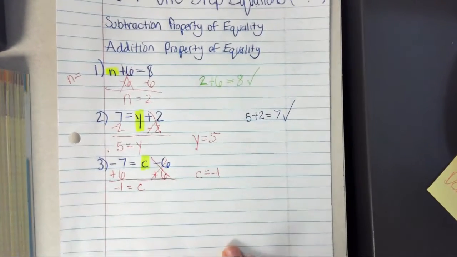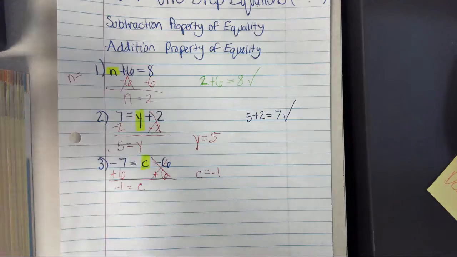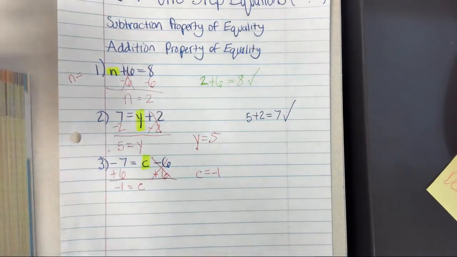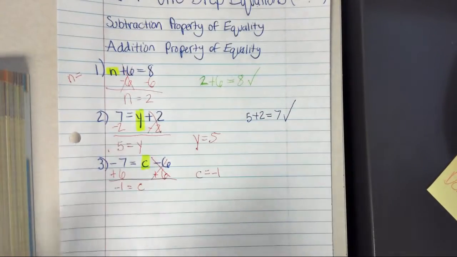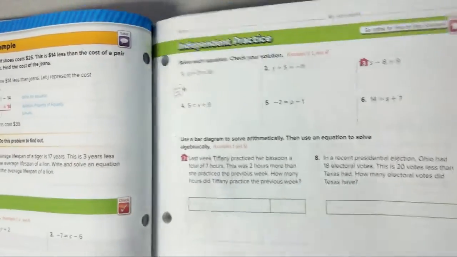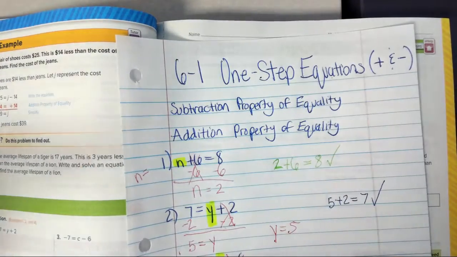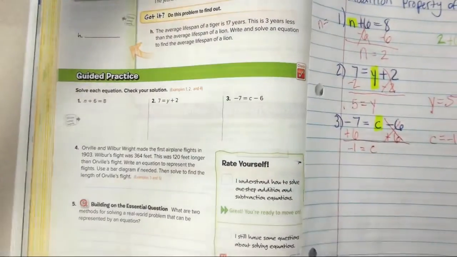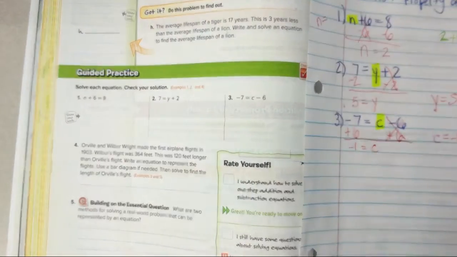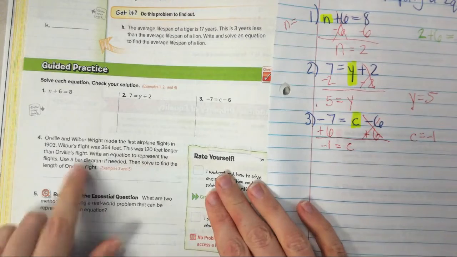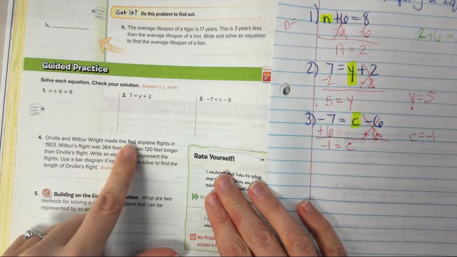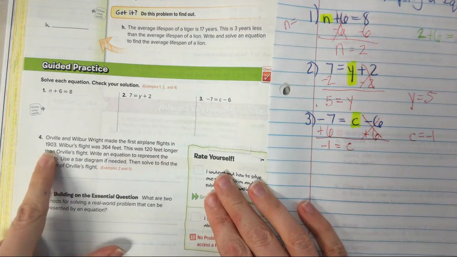Now, the only other type of problem you might have on your homework is a story problem. And the story problems I know a lot of people freak out about, but it's not as bad if you break it up. And so let's look at this problem here. It says Orville and Wilbur Wright made the first airplane flights in 1903.